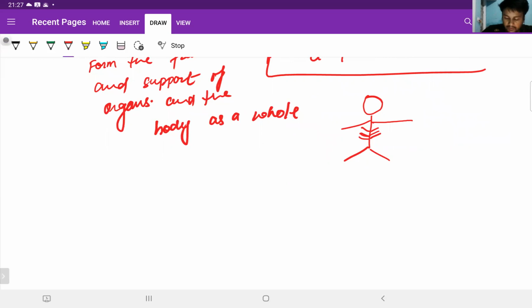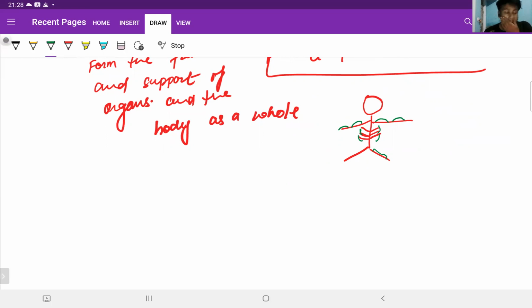We are able to walk, and along with this connective tissue of bone we have these muscles, right? And this muscle is also a type of connective tissue, and this is also helping the skeleton stay in proper position. Also, because of the contraction of the muscles, we are able to walk. So these are some of the examples of connective tissue.